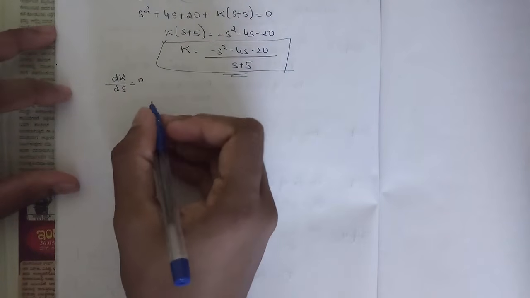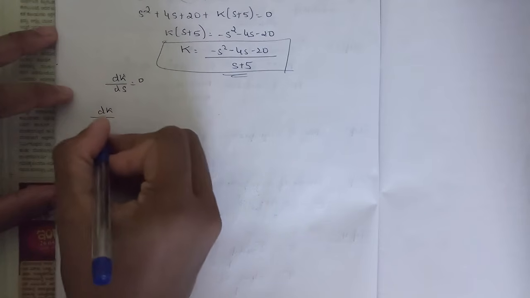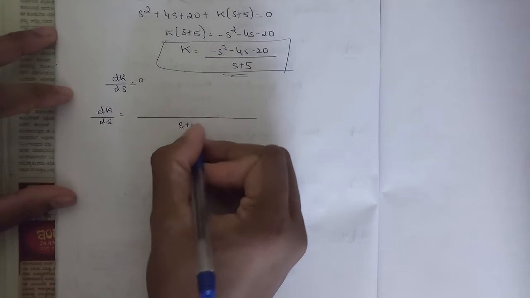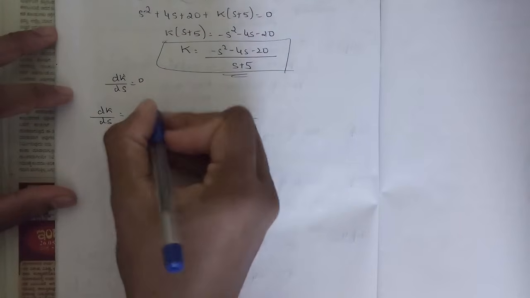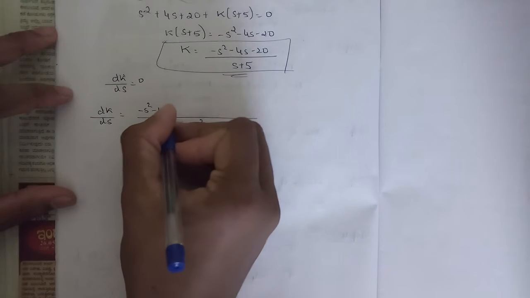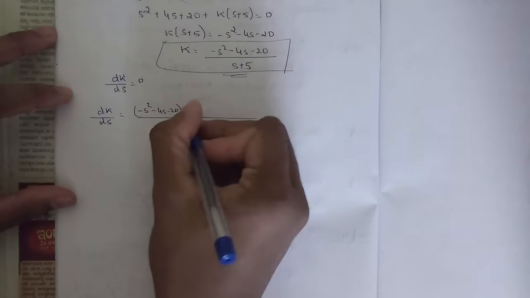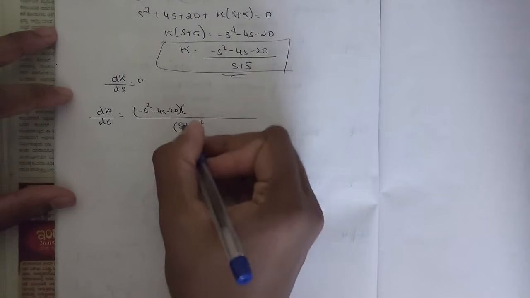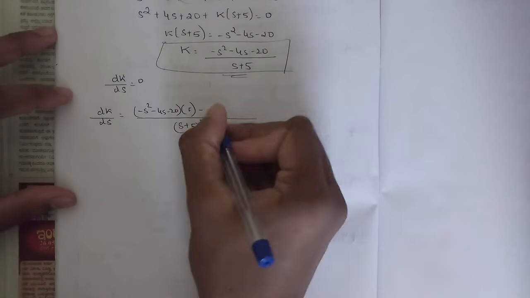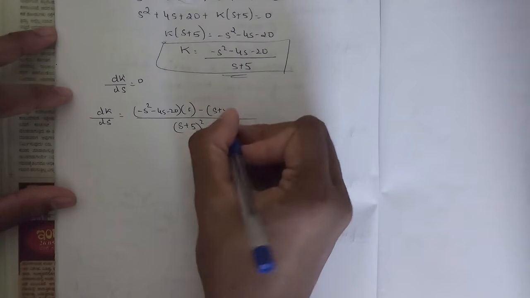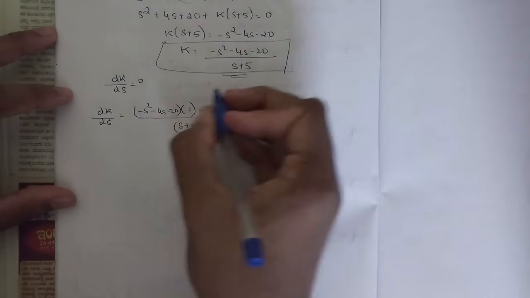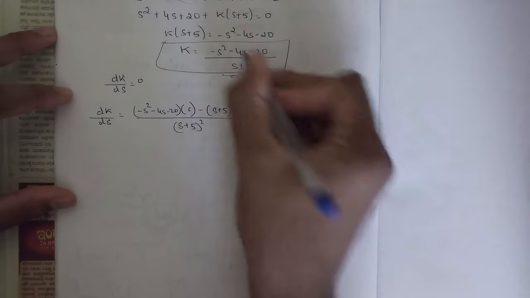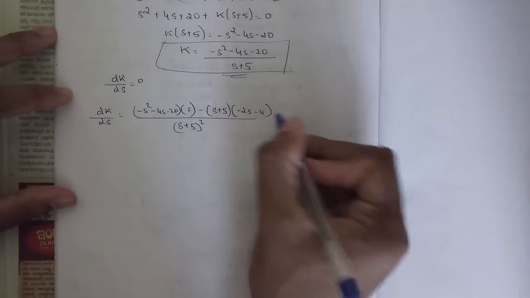That is dk by ds is equal to denominator square first, then numerator as it is minus 20 into the differentiation of denominator with respect to s, so this is 0, and differentiation of s is 1, minus denominator as it is into differentiation of numerator, that is minus s square is minus 2s and minus 4s differentiation is minus 4.